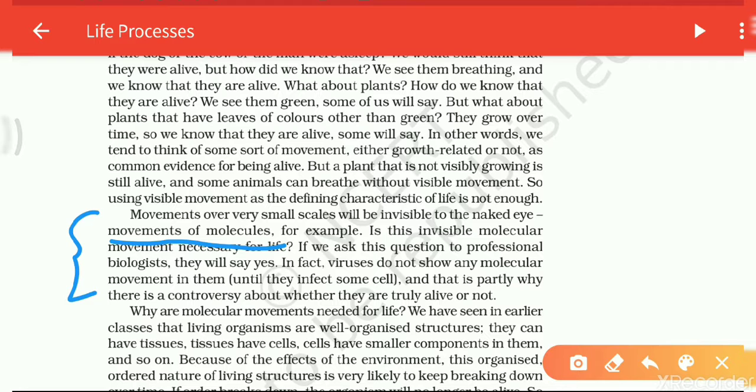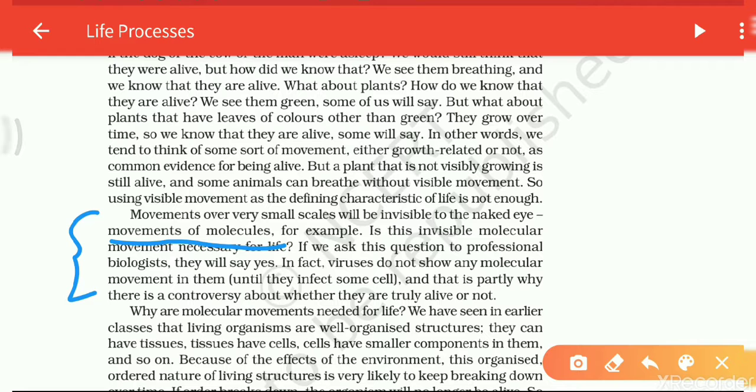If we ask a professional biologist, is this invisible molecular movement necessary for life? They will say yes.